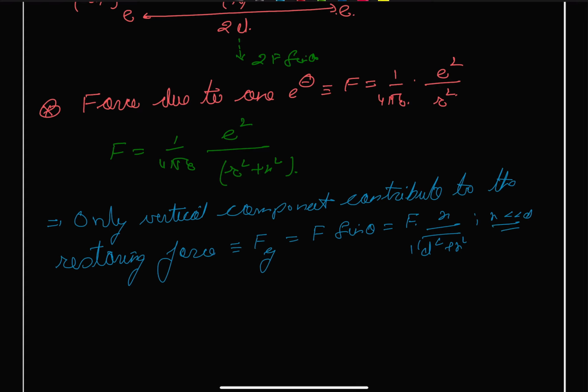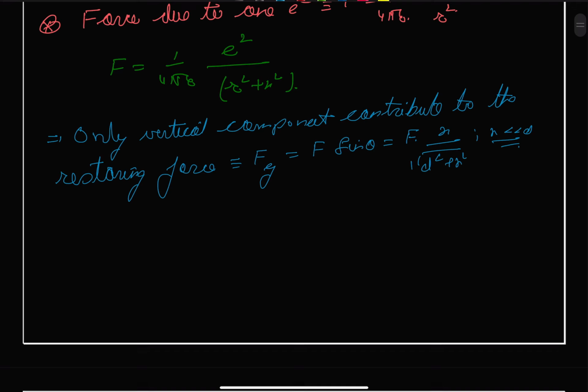Therefore, we can write that F of y will be equal to, if we substitute the value of F, 1 upon 4 pi epsilon naught, e square divided by, not r square, but d square.